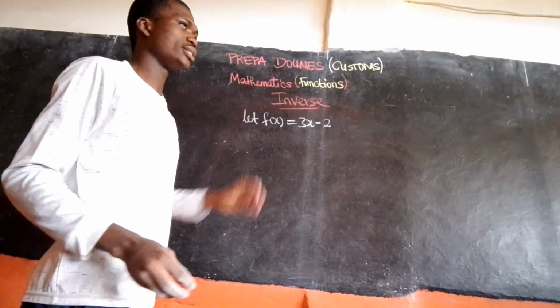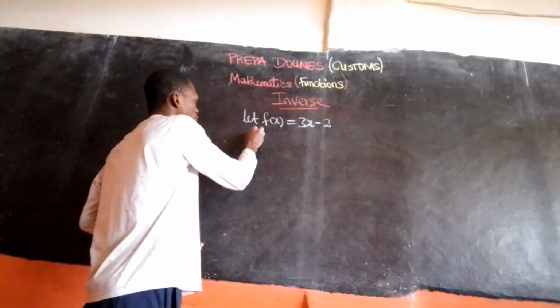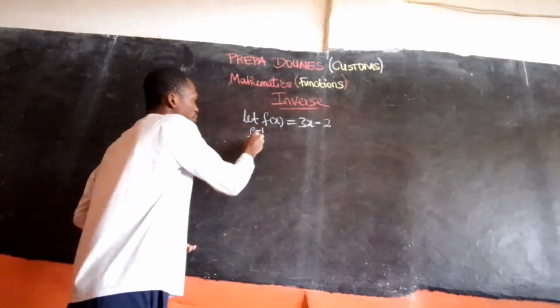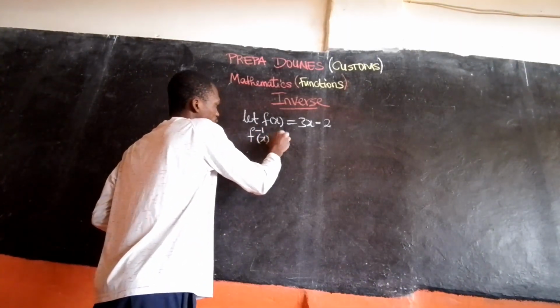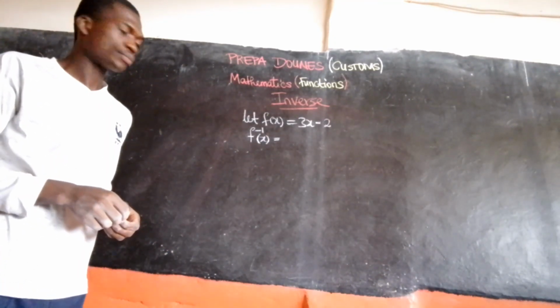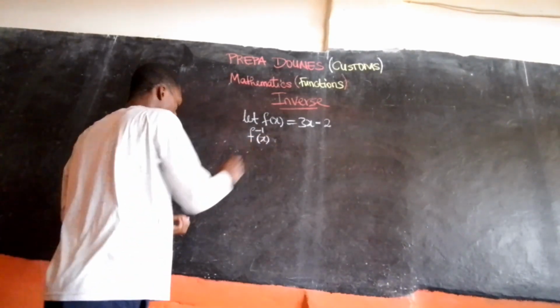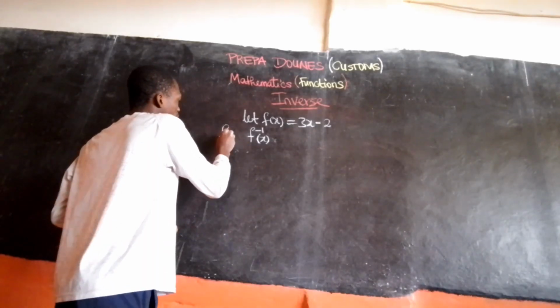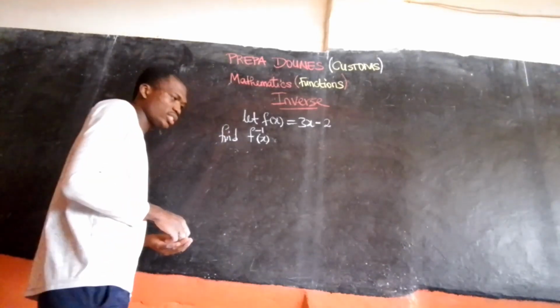Let f of x be this. The inverse of this function is denoted f inverse of x. And there are 3 steps. So let's find f inverse of x.